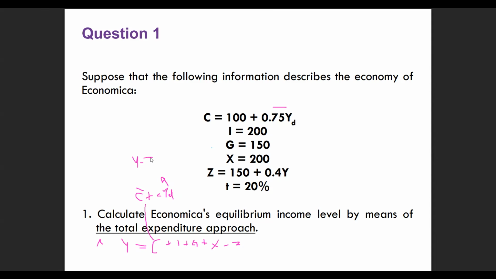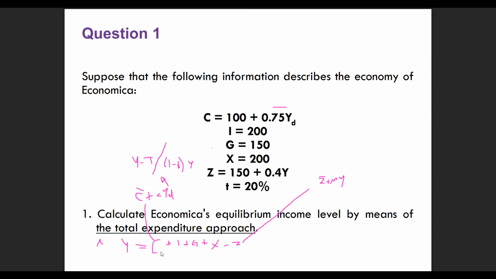It will depend on what you are given, or you can say bracket 1 minus t times Y, right? And also with this one, you need to remember that Z is Z bar plus m, the marginal propensity to import, times Y for income.